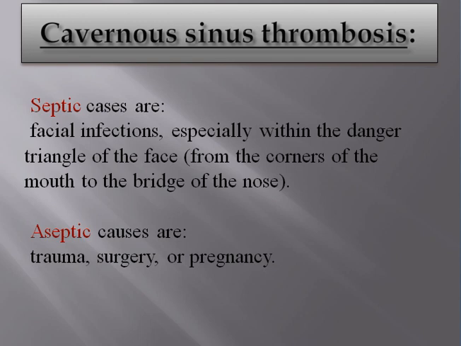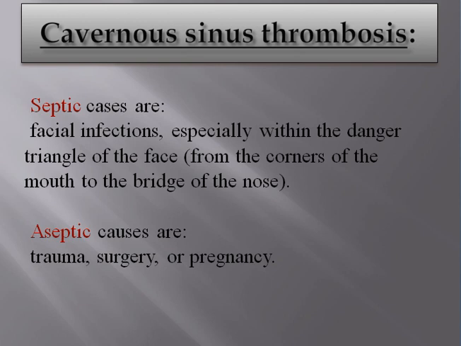Of course, they can occur inside the nose or inside the ears, and can cause complications according to these areas, but the most difficult complication, like cavernous sinus thrombosis, a life-threatening condition which should be immediately diagnosed, should be treated in inpatient management. So let's start talking about cavernous sinus thrombosis. What is it?